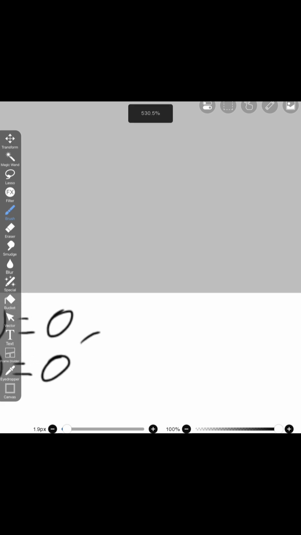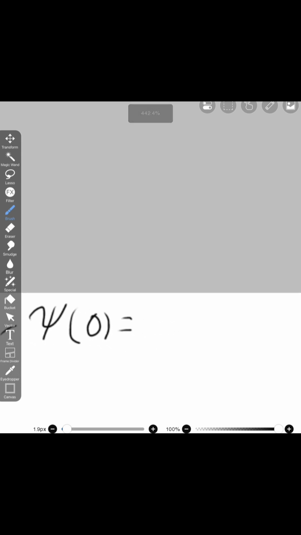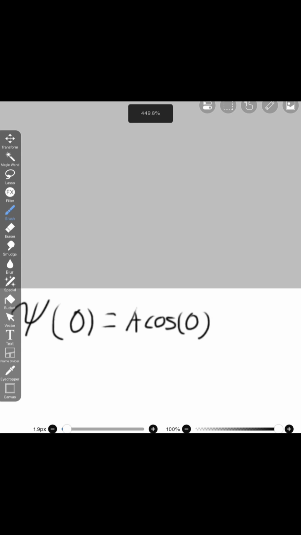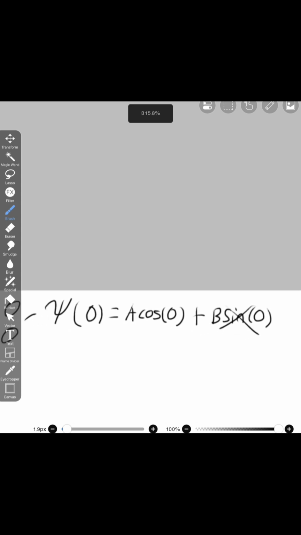So we have psi of 0 equals a cosine of 0 plus b sine of 0. And since cosine of 0 is 1 and sine of 0 is 0, this is going to cancel out because it's just 0. And a will remain.